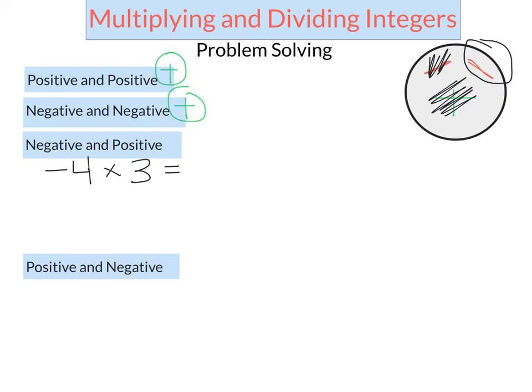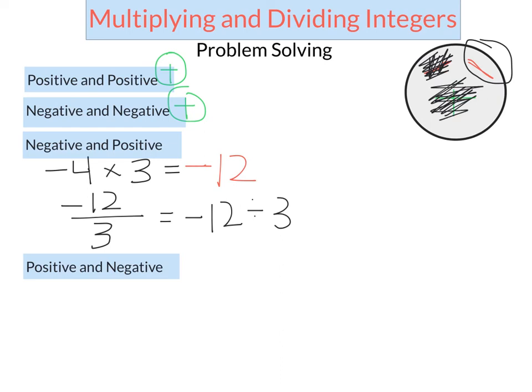My answer is going to be -12. Let's try a division problem with a negative and a positive. I'm going to have -12 divided by 3. That's the same as -12 divided by 3. I'm still covering up a negative sign and a positive sign. I'm left with a negative sign, meaning my answer is -4.